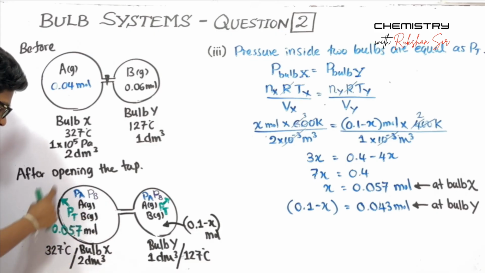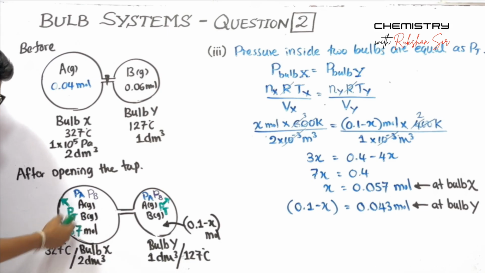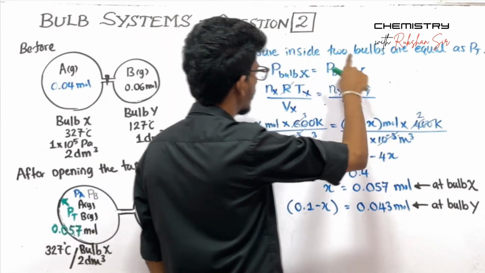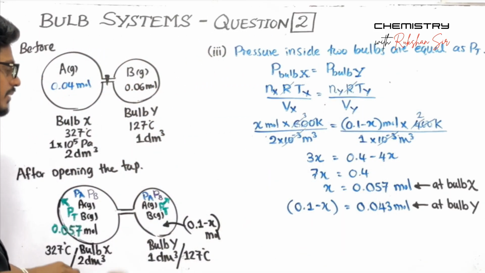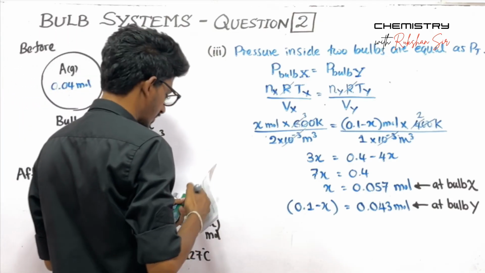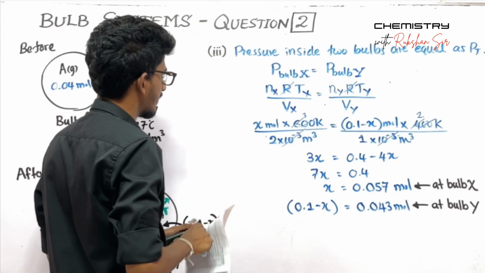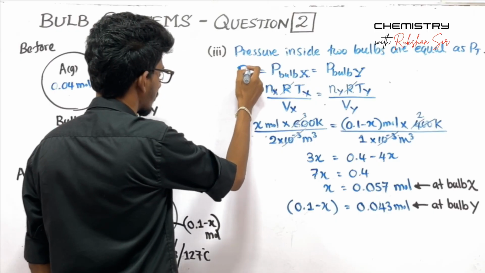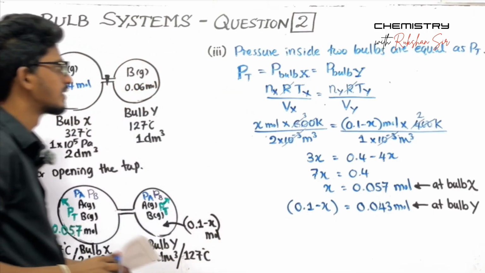If you apply P equals nRT to bulb X, you can come up with the pressure of bulb X, which will be equal to P total. The pressure of bulb X as well as the pressure of bulb Y will be equal to P total. The idea is clear. The same total pressure applies to the two bulbs.